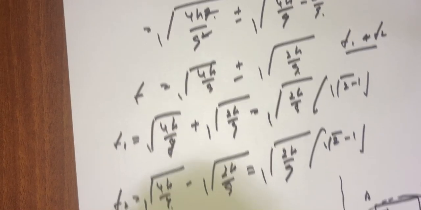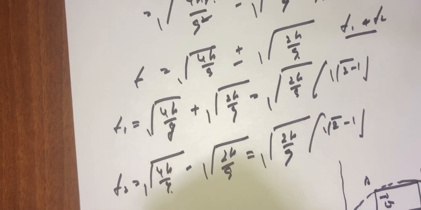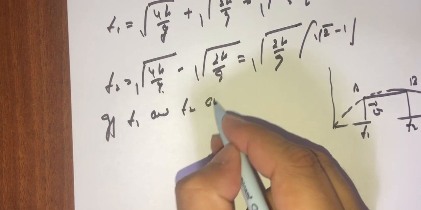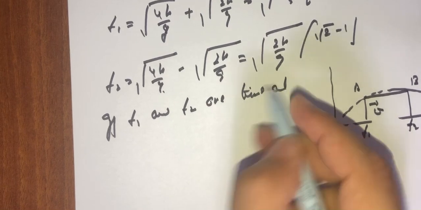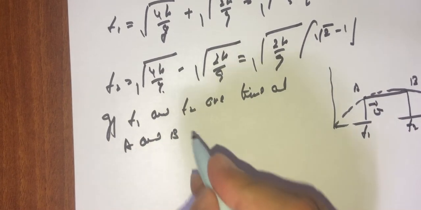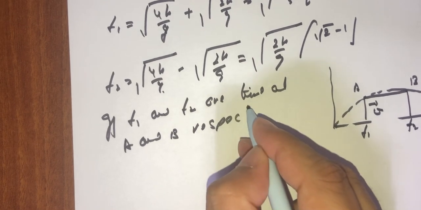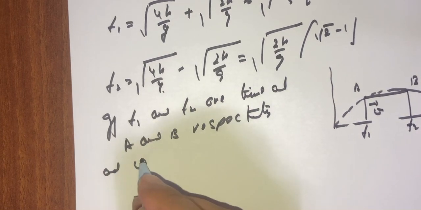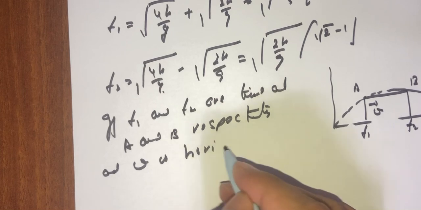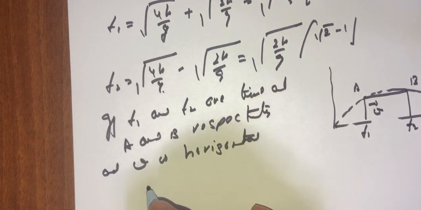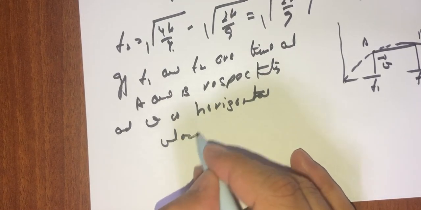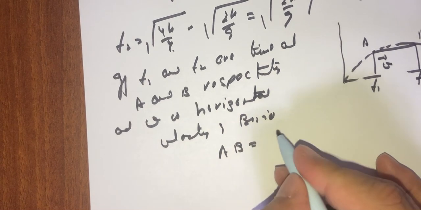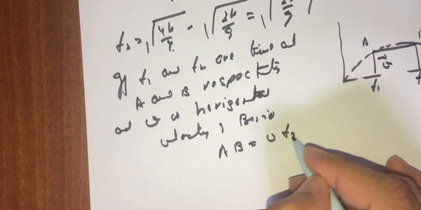Okay, so we can write that if T1 and T2 are the times at A and B respectively, and V is the horizontal velocity of the bird, then distance AB will be equal to V multiplied by T2.